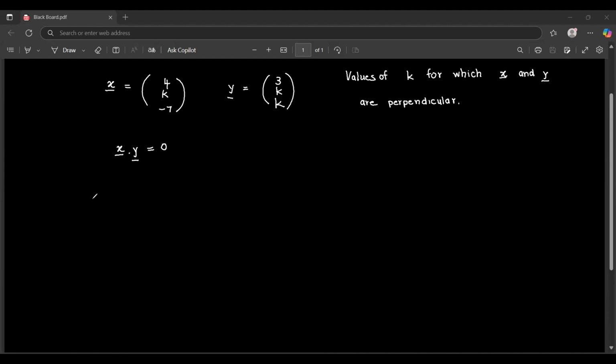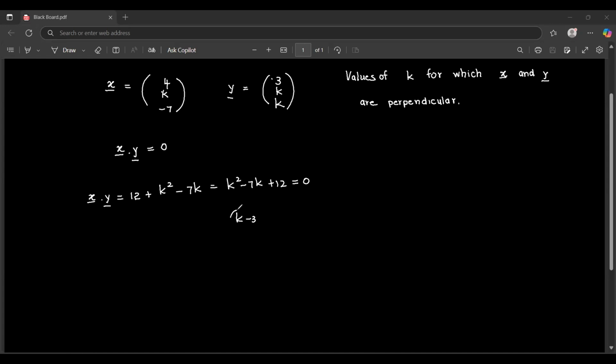x dot y will be equal to 4 into 3 plus k into k, which is k squared, plus minus 7 into k, so I can say minus 7k directly. And this is equal to k squared minus 7k plus 12, which is equal to 0. And I can factorize this perfectly.